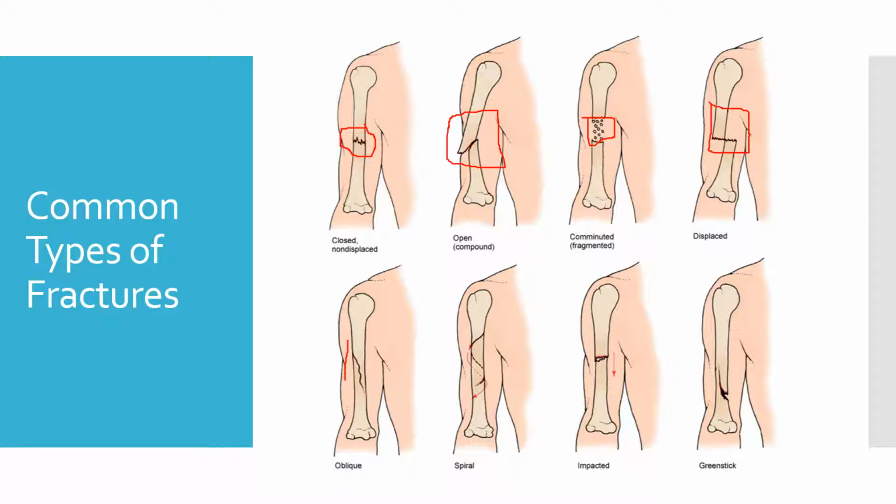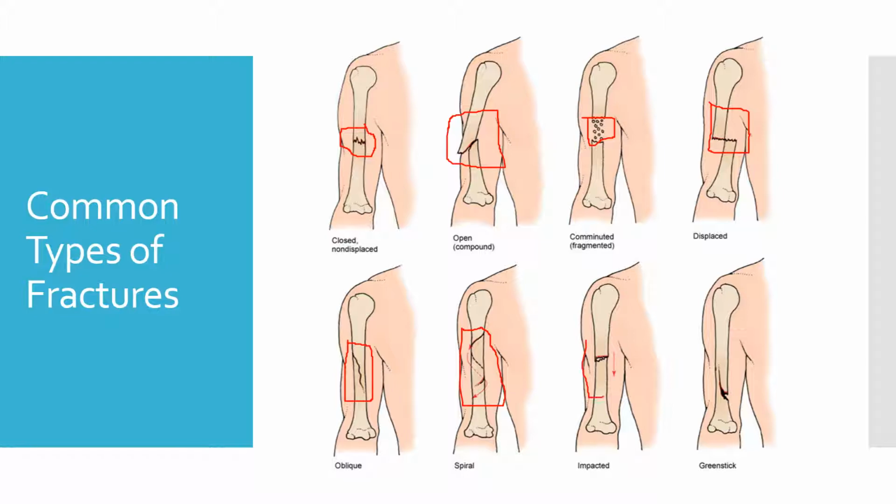This one right here is an oblique, and it's oblique because of the way it's fractured in an oblique pattern. This one is a spiral fracture. As you can see, the fracture is in a spiral pattern.